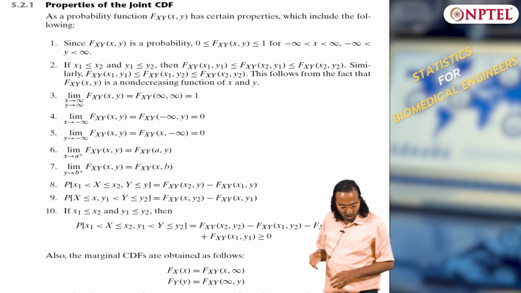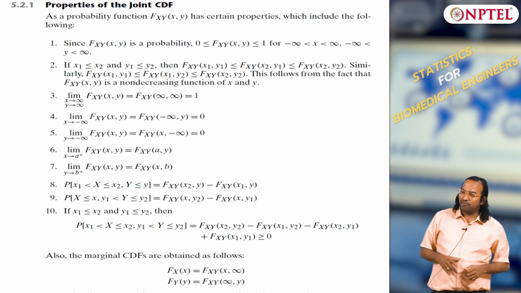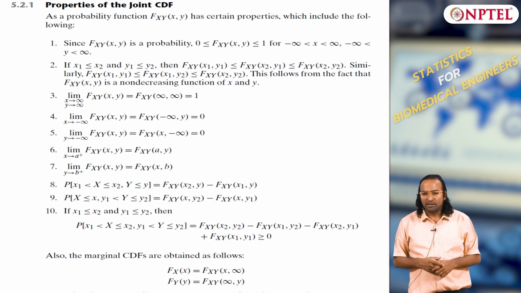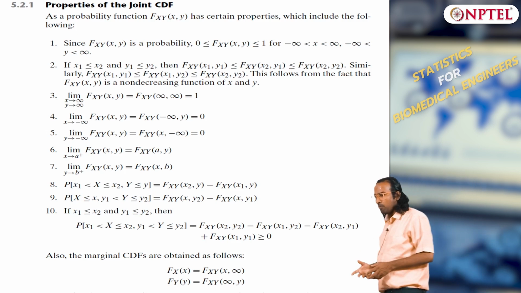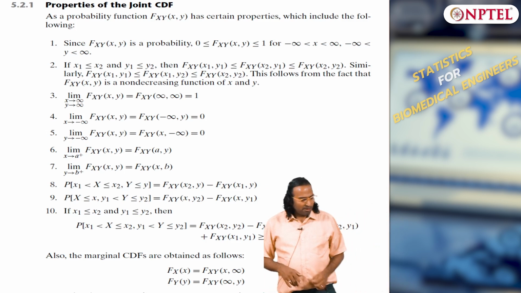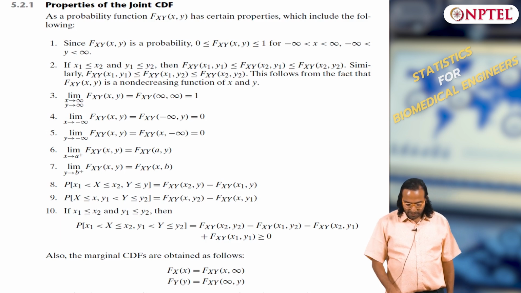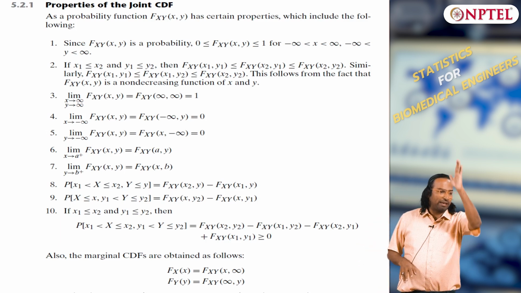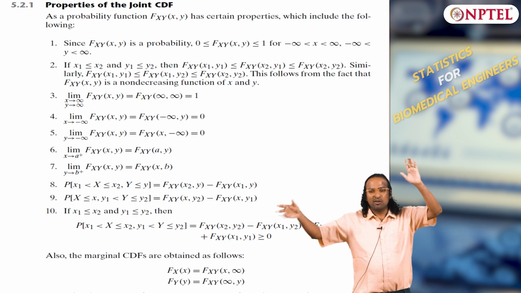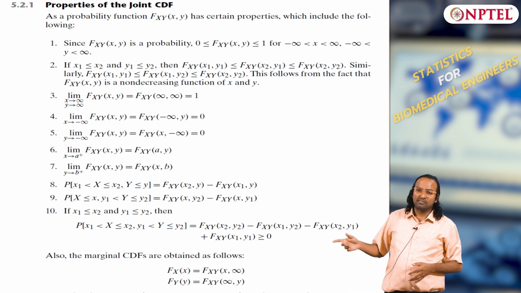The way we represent it is f of x comma y, where capital F is usually the cumulative distribution and small f is the probability distribution function, PDF. The marginal is what? You summate along y, you get f of x. You summate along x, you get f of y.